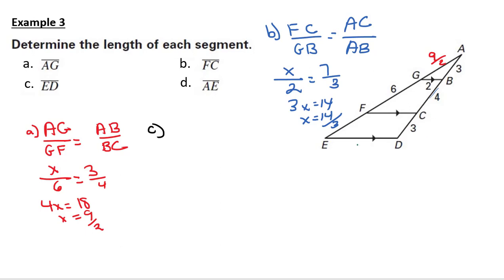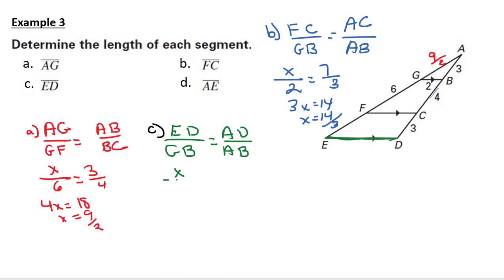Okay, I'm going to erase that little piece. Now ED, very similar to what B was. ED is to GB as the whole segment, AD, is to the little piece, which is AB.